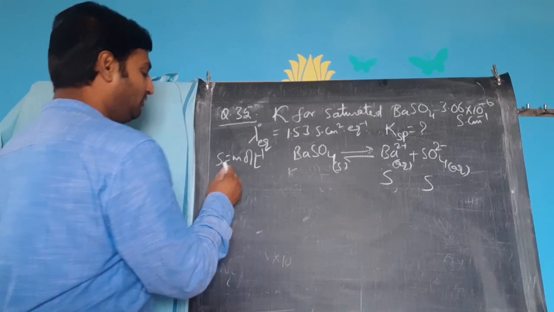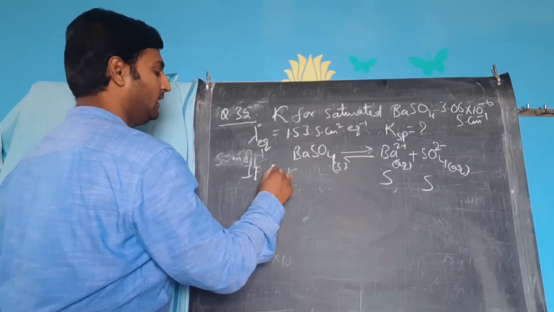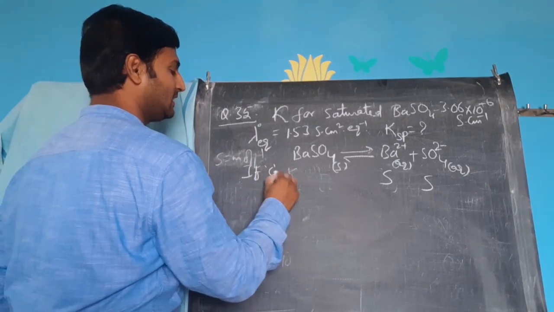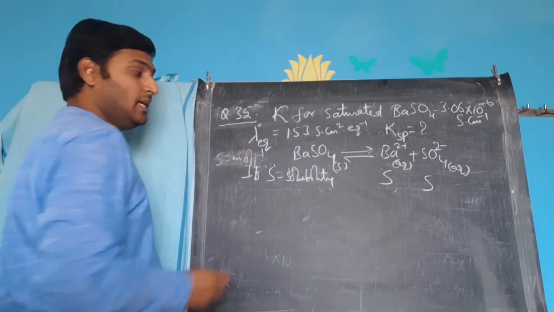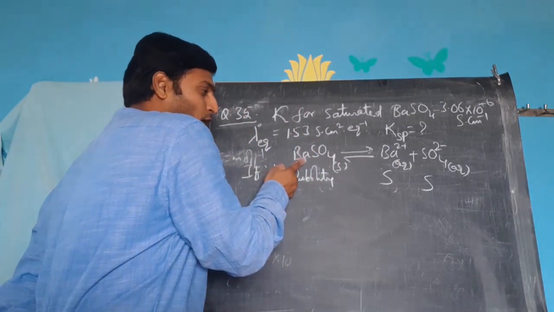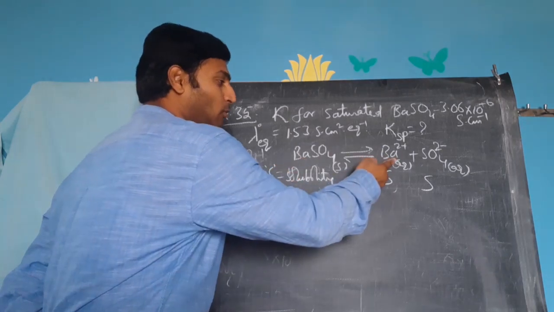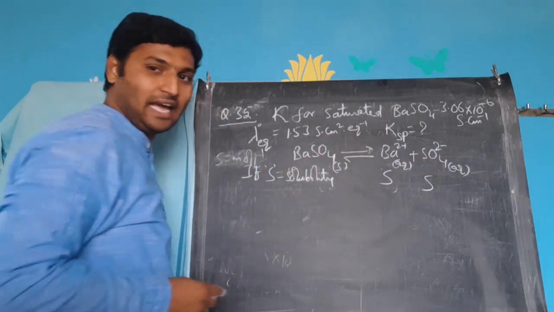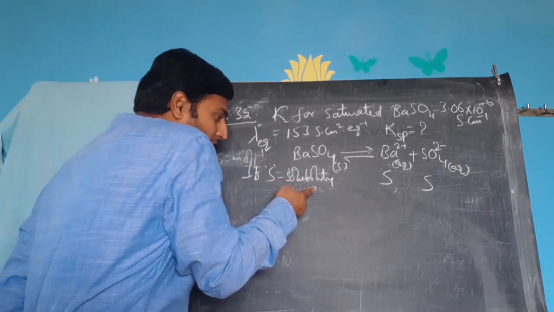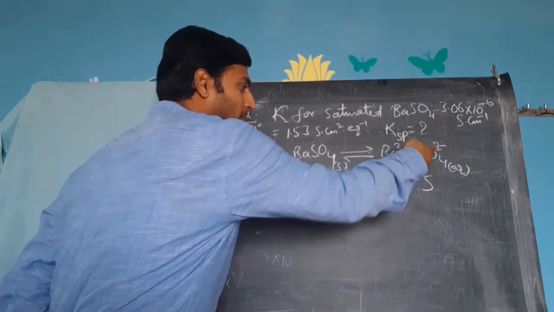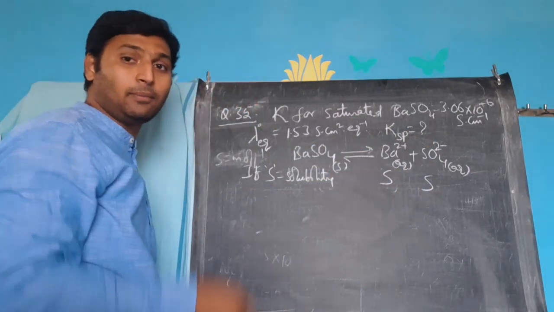So if S is solubility of barium sulfate, then for every 1 mole of barium sulfate dissolved, 1 mole of barium cations and 1 mole of sulfate anions are formed, right? That's why for S moles of barium sulfate dissolved, S moles of barium cations, S moles of sulfate anions will be formed per liter.